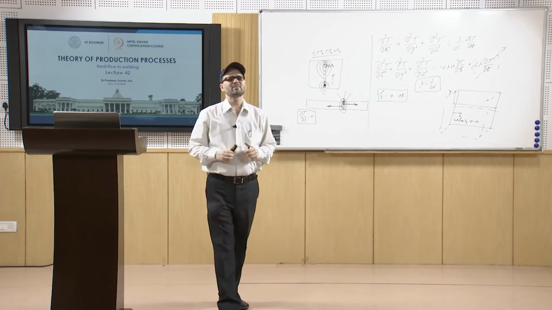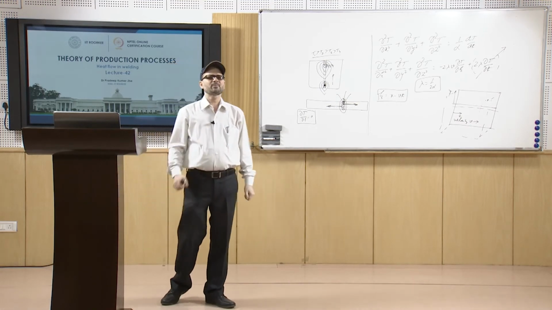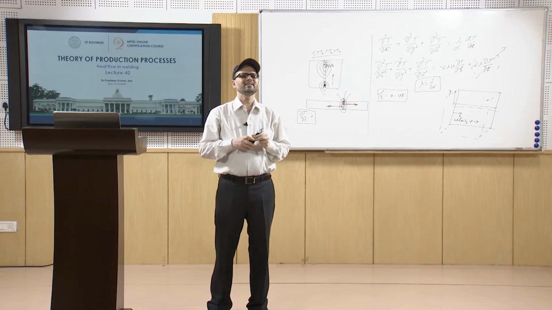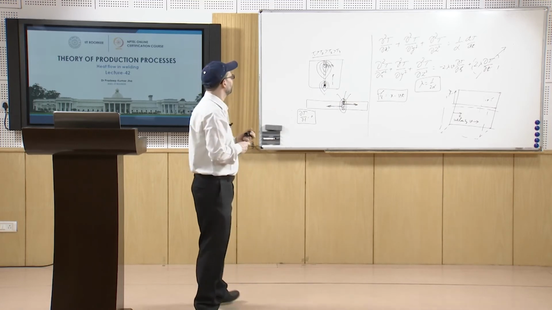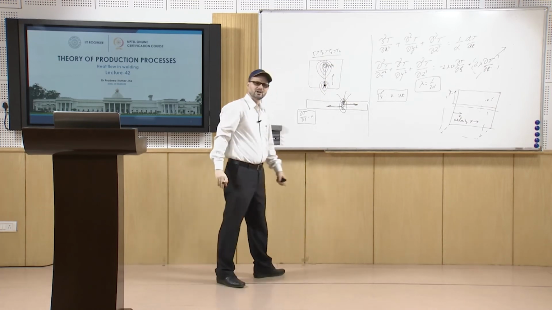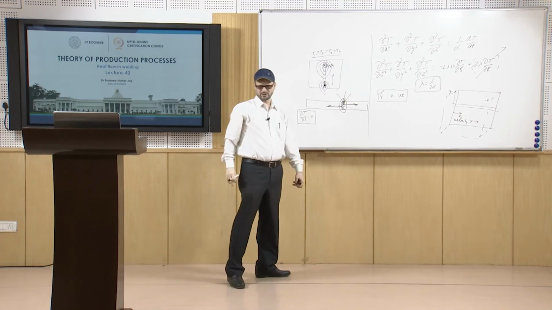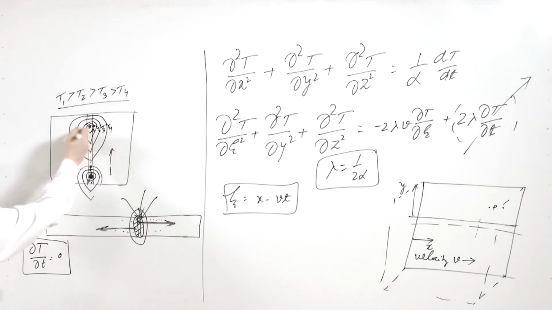Now, these thermal histories are used to draw the isotherms of different temperatures, keeping the weld pool as the innermost isotherm representing solidus temperature. So, here once you draw these isotherms, this temperature will be near the solidus temperature, and then all these temperatures are decreasing from there.